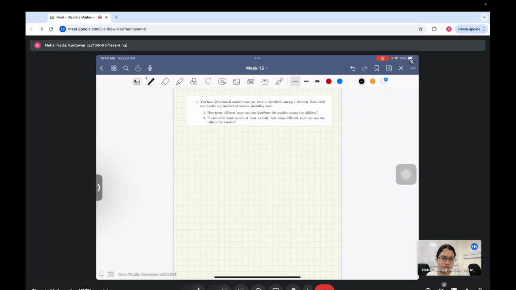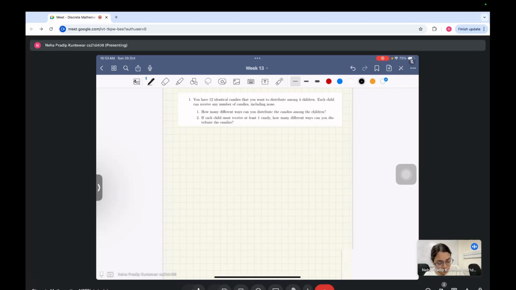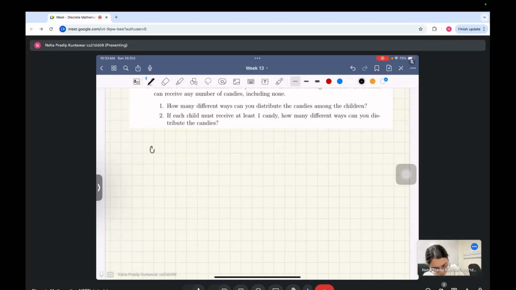The first things that we saw were some counting techniques. For example, let's say you have 10 blue balls and 5 red balls, and you are asked to find the number of ways in which you can choose 2 blue balls and 3 red balls.